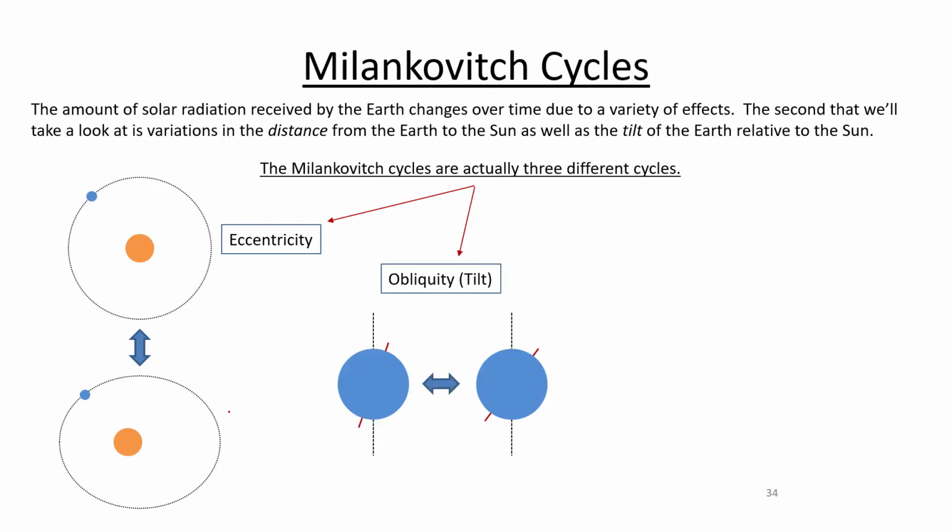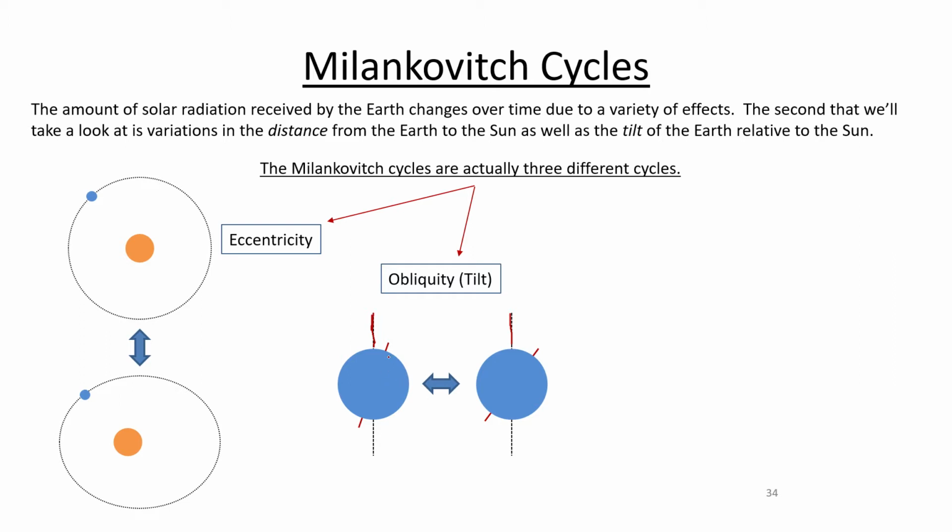The second of the cycles is a cycle in obliquity, which I still stumble over. You can just think of it as a tilt. Say this dotted line here is the vertical axis. Vertical means a little less when we're talking about outer space, but we'll call it vertical. That's not the axis that the Earth rotates around.